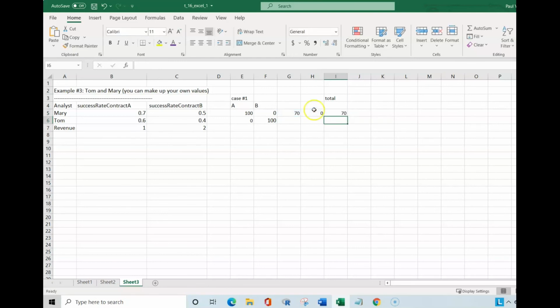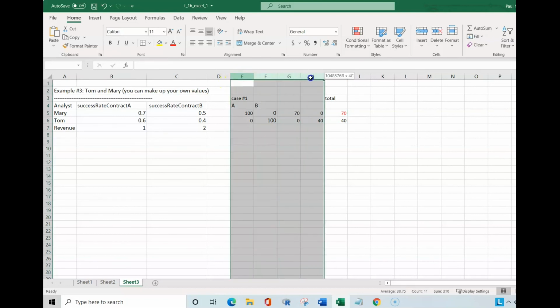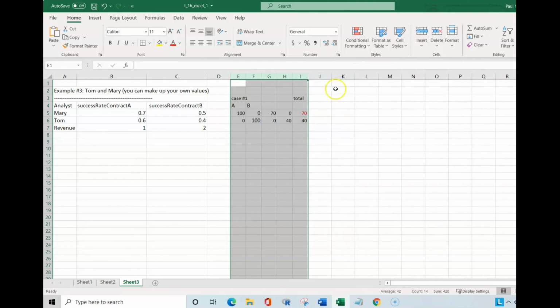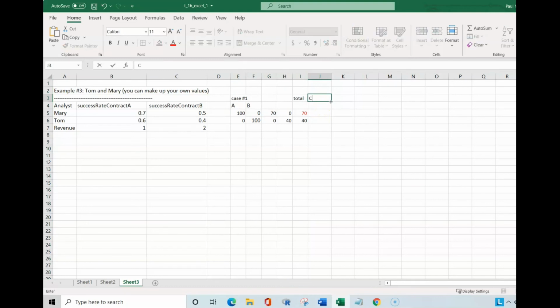So we copy and paste. For case number 1, Mary performs better. Here we just assume Mary has 100 type A, Tom 100 type B. Okay, 100, 0 and 0, 100. So we call this case number 1.